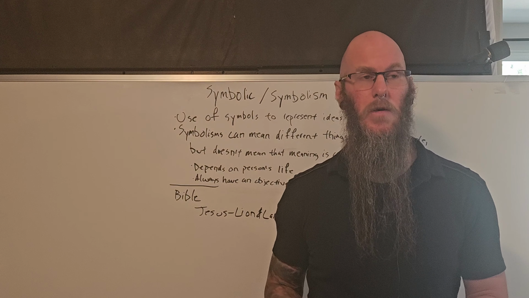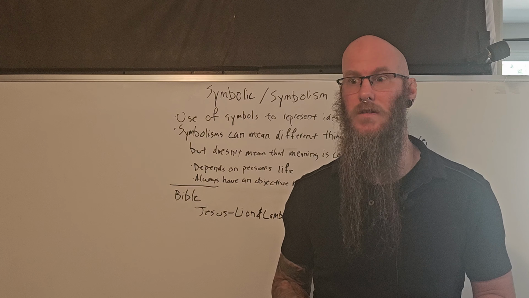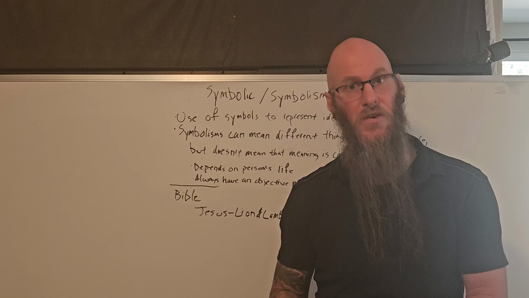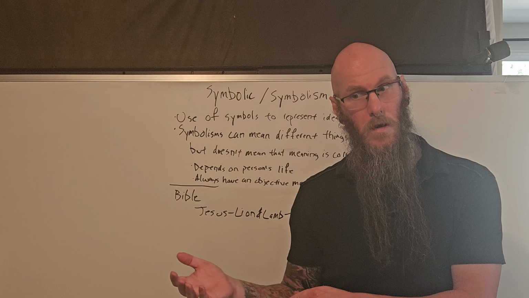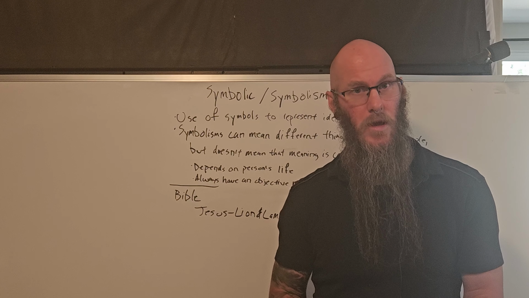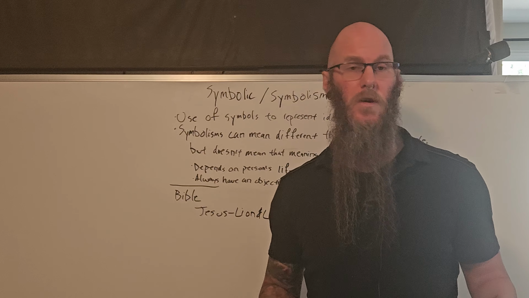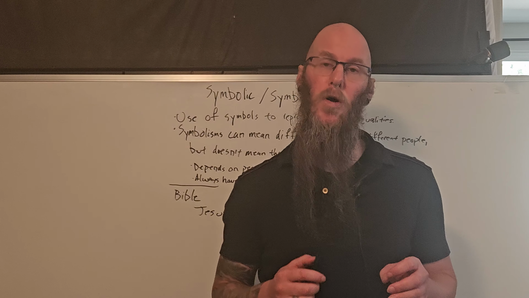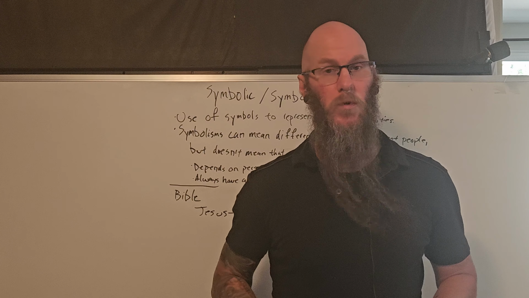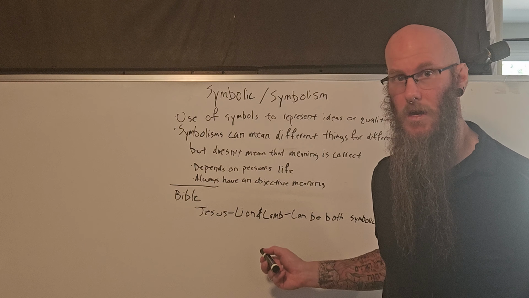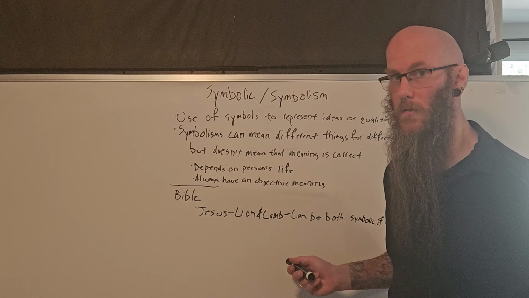Because obviously we know that Scripture calls Jesus the lamb for the sacrifice, which he was on the cross. But he's, again, not a literal lamb. And so many people who think that Scripture needs to be interpreted 100% literally don't really understand what they're saying, because they're calling Jesus a literal lion and a literal lamb.